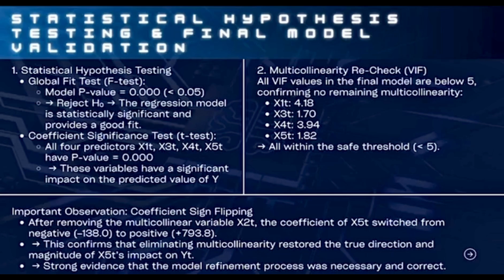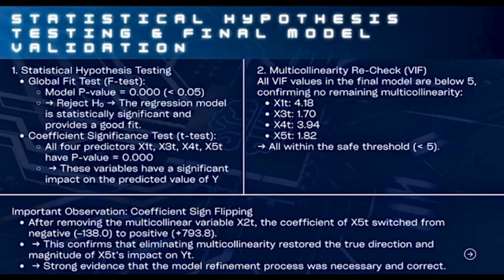And the last one is the key observation here: the sign flipping of x5t. Initially, it had a negative coefficient of negative 113.8, but after fixing the multicollinearity, it flipped to a positive 793.